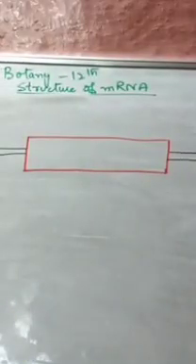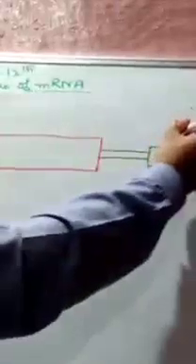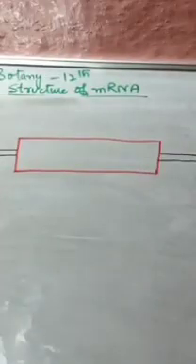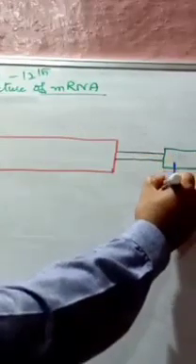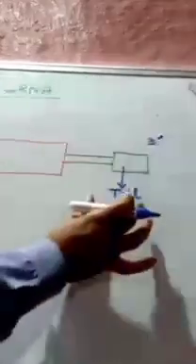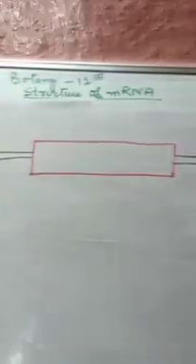These different boxes that I have made here, what are they called? This end is the 5' and this is the 3'. As we said earlier, mRNA is found in the direction of 5' to 3'. This end is called the cap and this end is called the tail.